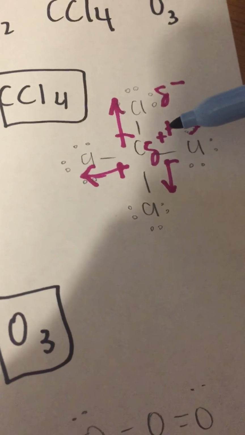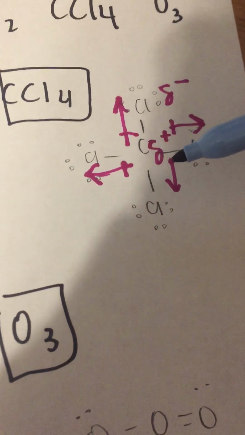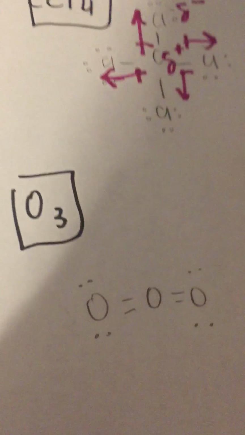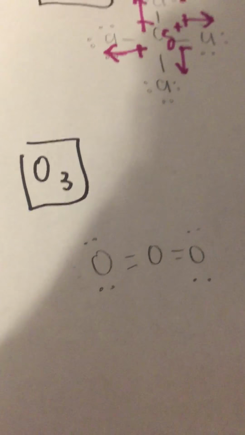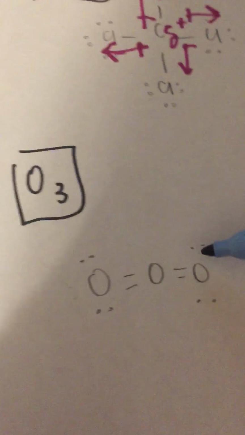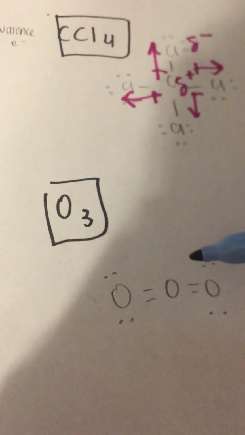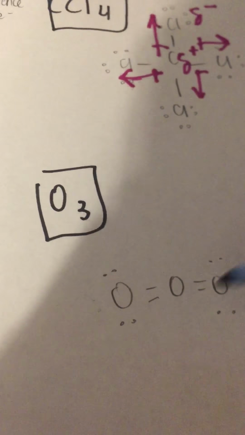Because they are identical, the bond dipoles cancel, and this molecule is non-polar. This one does not have any dipoles to begin with, and even if it did, both domains are identical, so this molecule is non-polar.